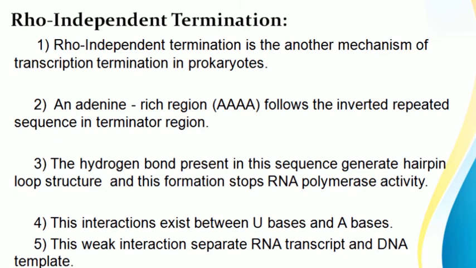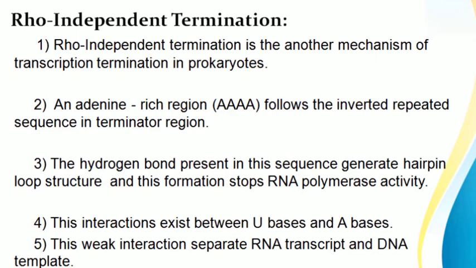Then a weak interaction exists between U bases of the transcript and the A bases of the template. The weak adenine-uracil interactions separate the RNA transcript and DNA template, destabilizing them. Eventually, the transcript breaks out from the transcription location.